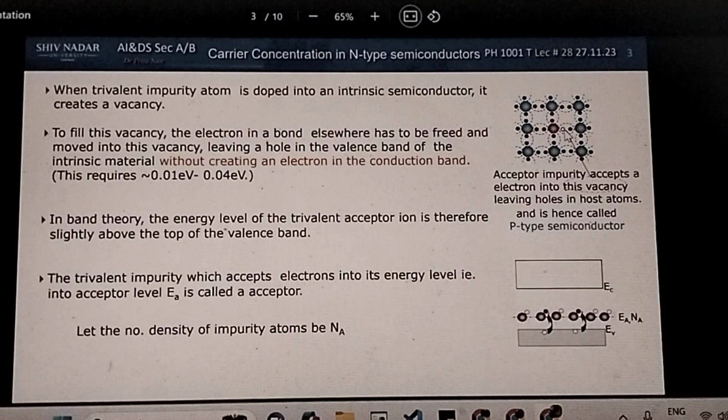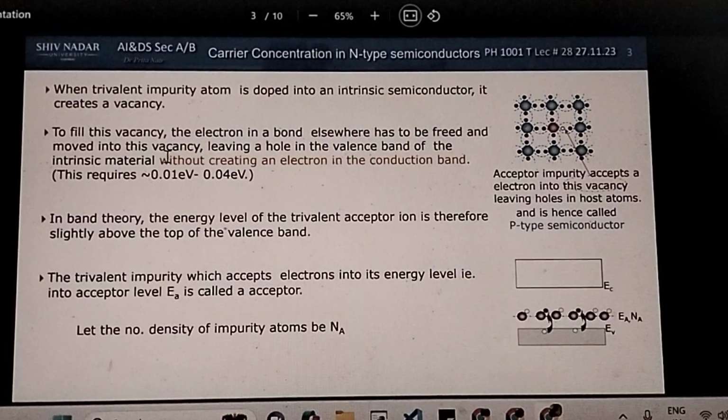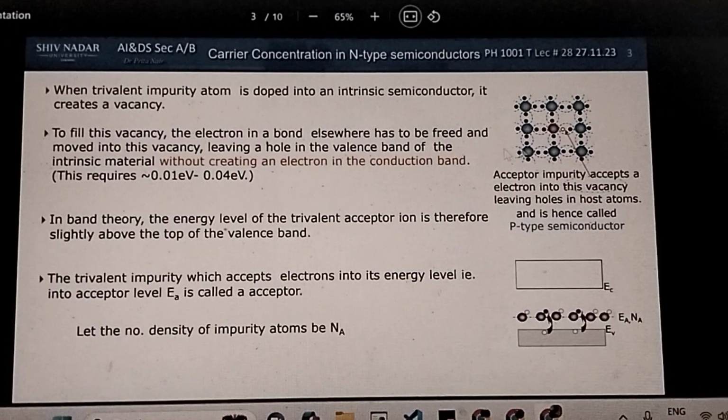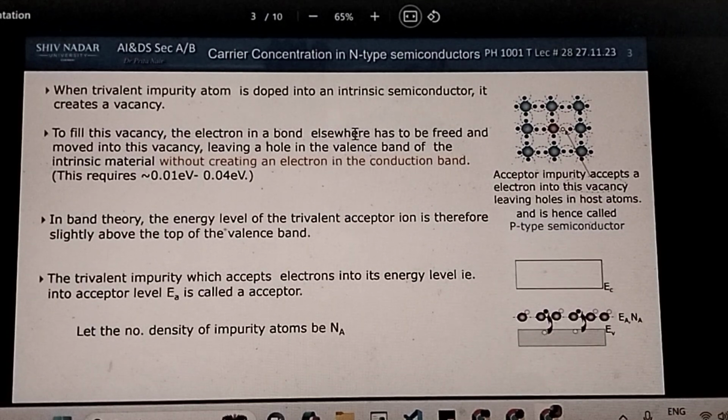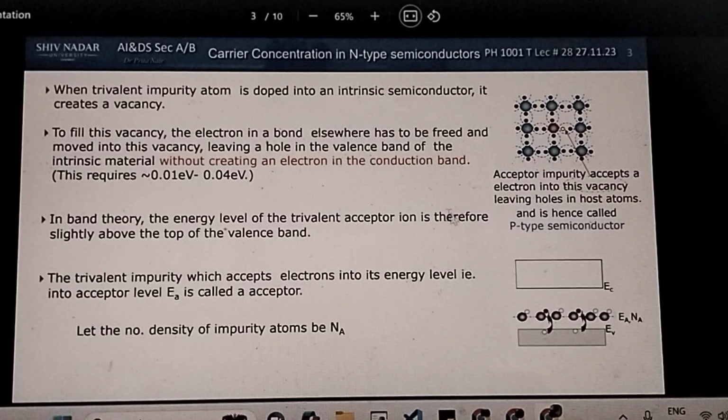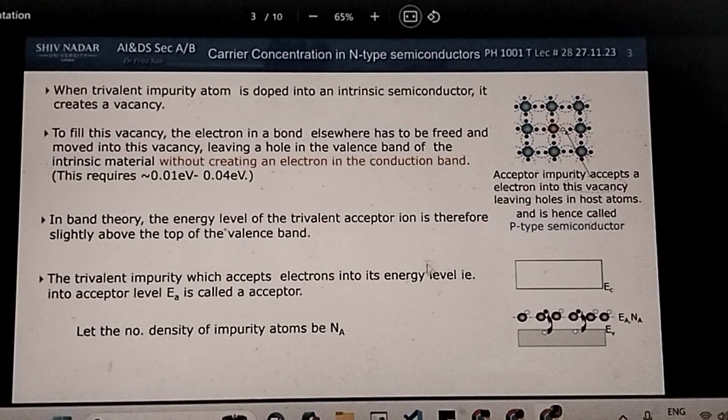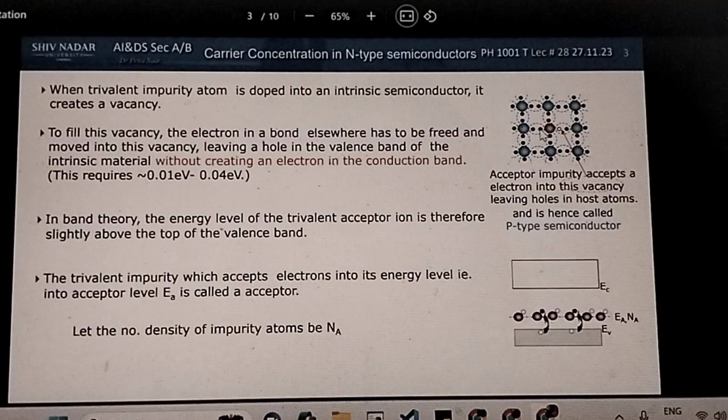So there is one hole created here without creating an electron in the conduction band. In order to fill this gap, an electron in a bond elsewhere has to be freed and moved into this vacancy. So how a p-type semiconductor works is you remove one silicon atom and you introduce a trivalent impurity.